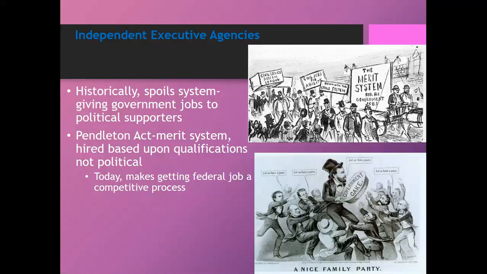Most of the time it's some type of test they take to ensure the person is qualified for the job. It does make a federal job today more competitive than some other jobs.